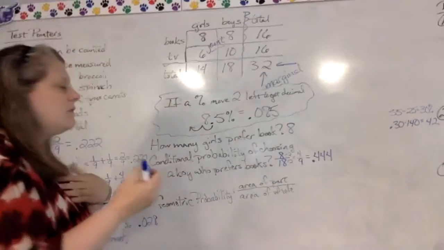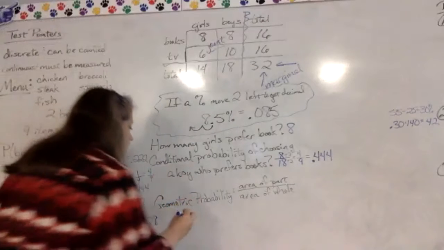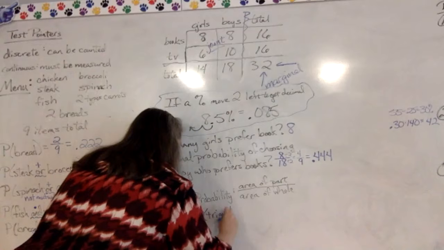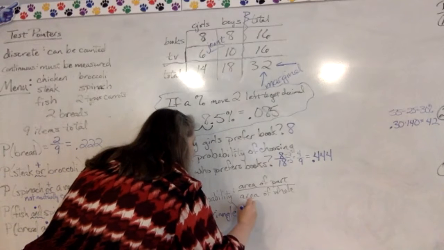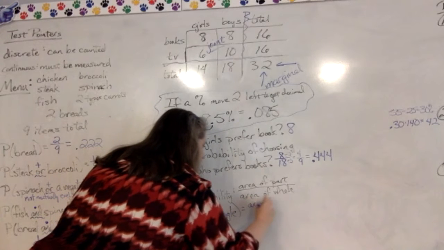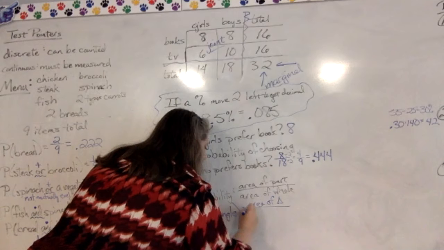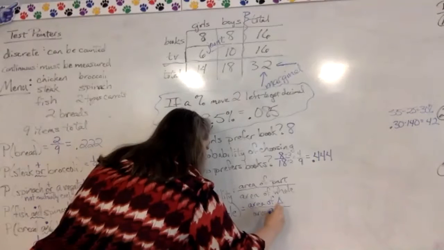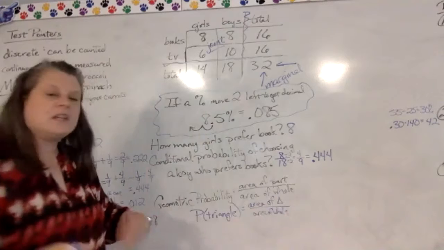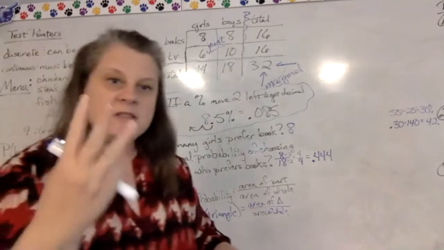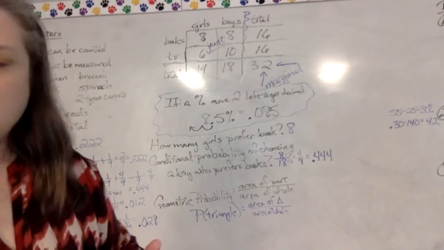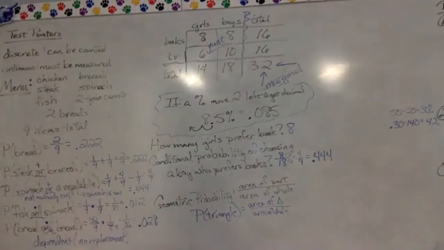So if I want to know like the probability of hitting a triangle, I would take the area of the triangle, which it gave to you, and I would put it over the area of the whole thing, whatever it was. You divide it, you still get the 3 decimal places answer like any of the other probabilities. Okay, so those are some things that hopefully can kind of help you on the test.